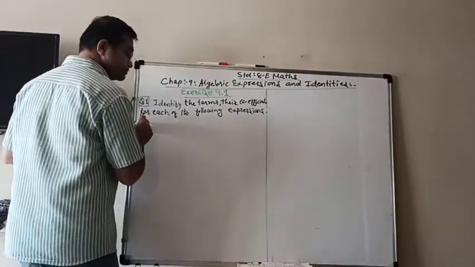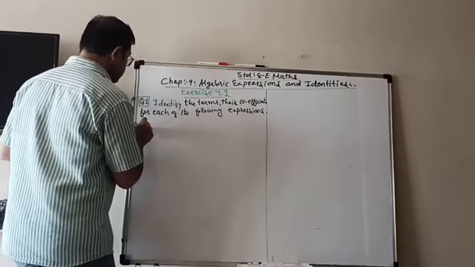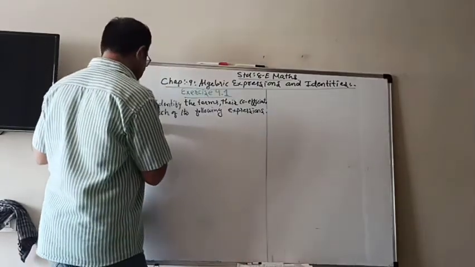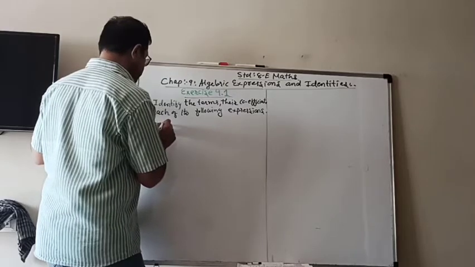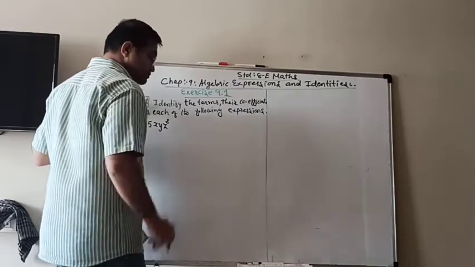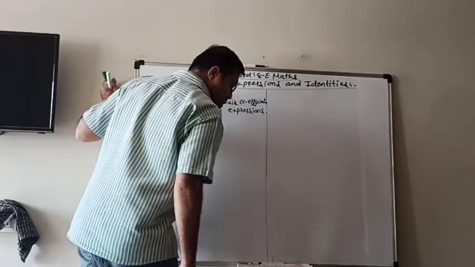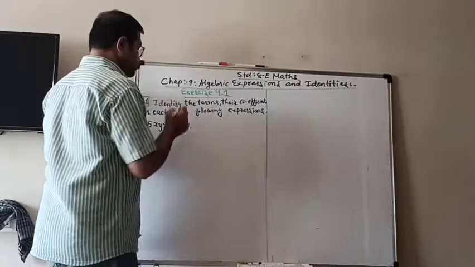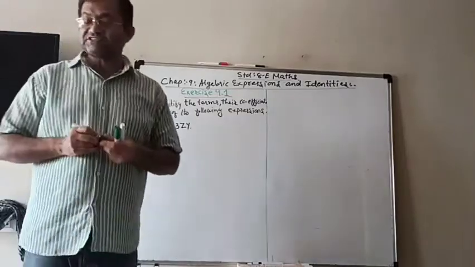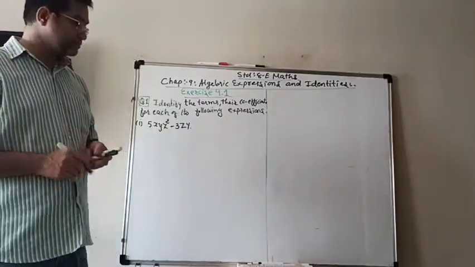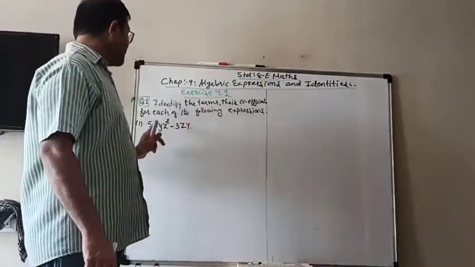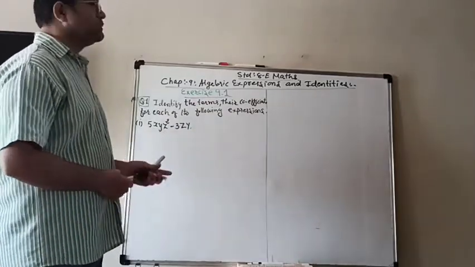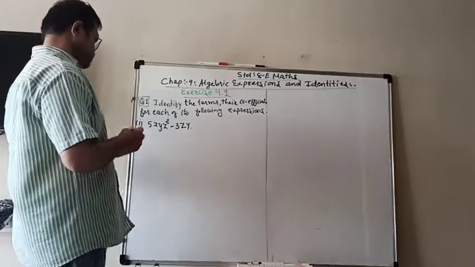First is 5xyz square minus 3zy. So here the first expression is given as 5xyz square and minus 3zy.